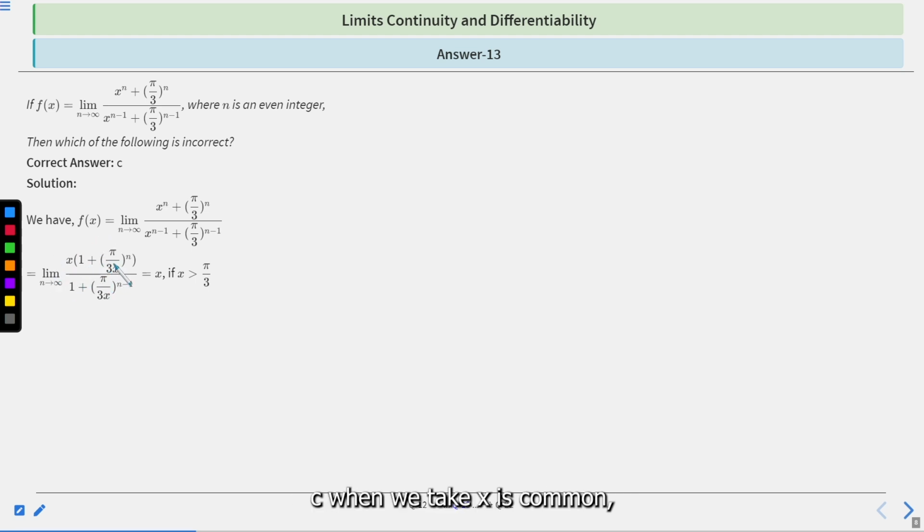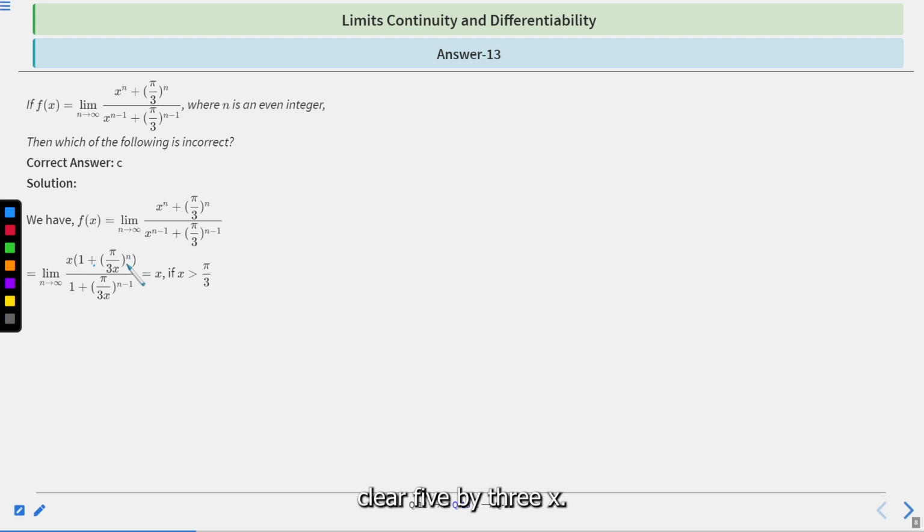When we take x as common, we have taken x to the power n common in both the numerator and the denominator. In the denominator, we have taken x to the power n minus 1 common, and in the numerator, we have taken x to the power n common. So it will be cancelled out, and x will be left out. So x into 1 plus pi by 3x.